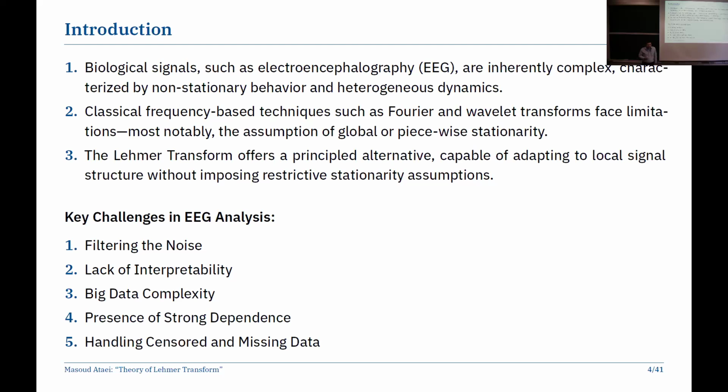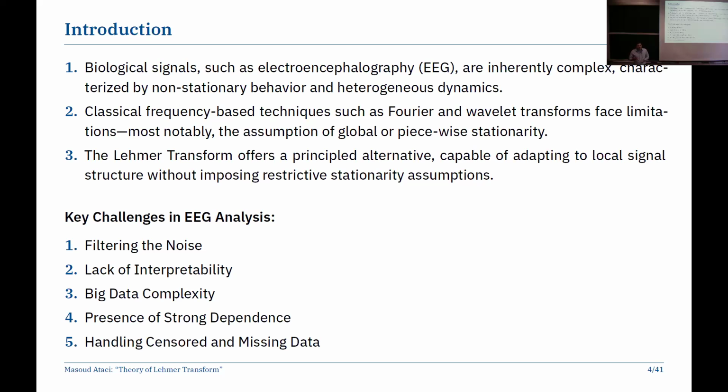Electroencephalography, or EEG, is a widely used tool in modern neuroscience and clinical research. But analyzing EEG signals is challenging due to their complexity, non-stationarity, and susceptibility to noise. The traditional frequency-based approaches like Fourier and wavelet transforms have been extensively used in the area, but they struggle with various challenges when it comes to EEG signals.